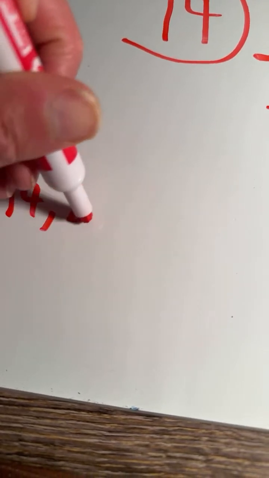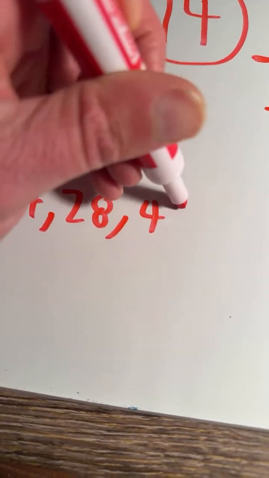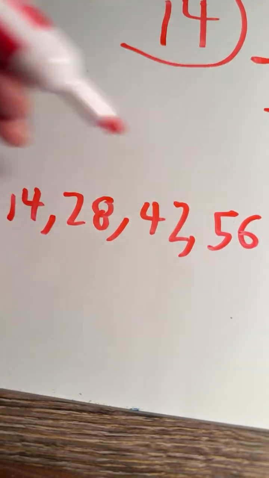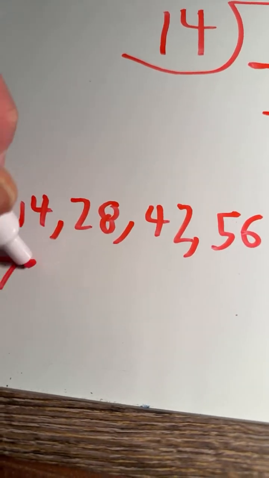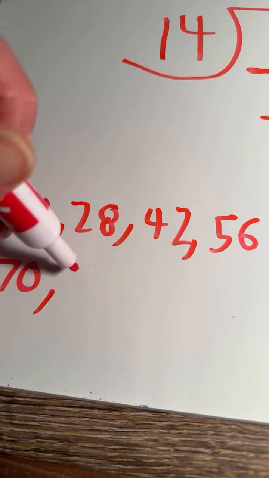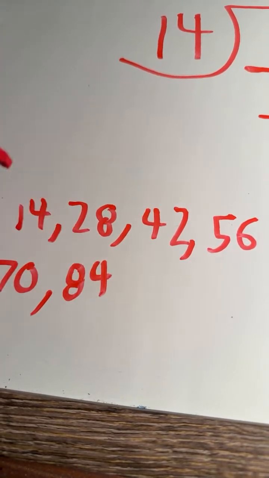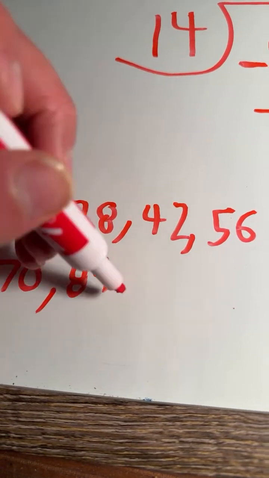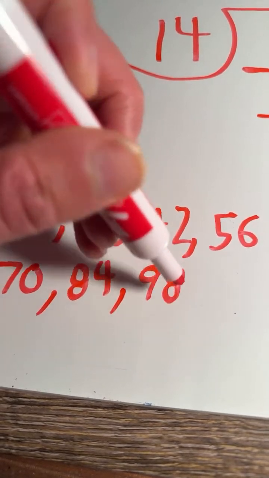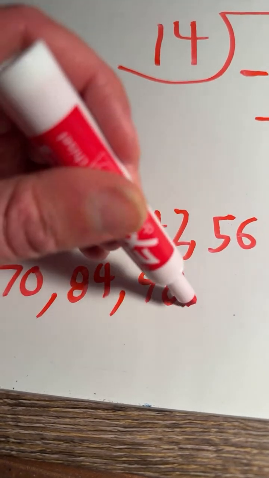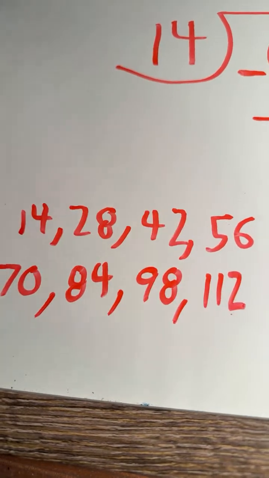14, 28, 42, 56. So far we got 4 groups, but we're not done. 70, that's 5 groups of 14. 84, that's 6 groups of 14. 98, that's 7 groups of 14. 112, that is 8 groups of 14.